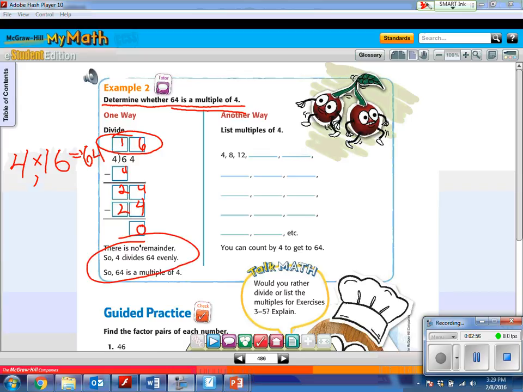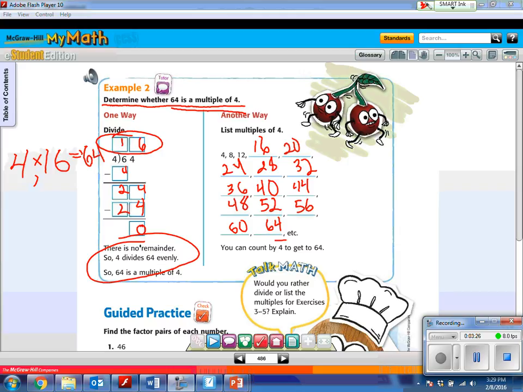The next thing that we can do is we can simply list the multiples of 4. So we could say, okay, 4, 8, 12, 16, 20, 24, 28, 32, 36, 40, 44, 48, 52, 56, 60, 64. And what I just did there is I basically listed the multiples of 4 all the way up to 64.